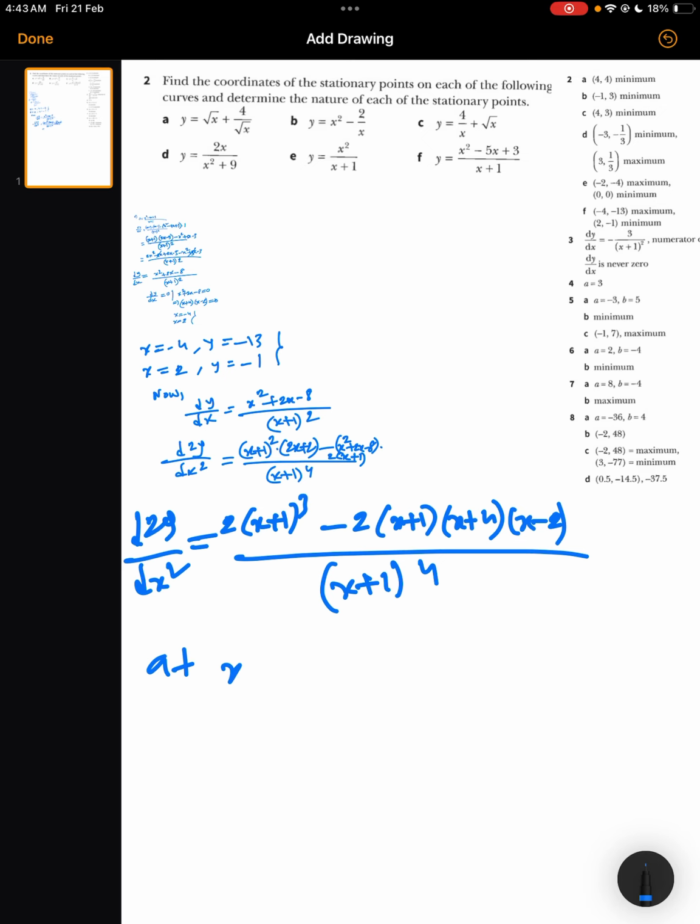At x equal to negative 4, that means the point is (-4, -13), d squared y dx squared: negative 4 means 2 times negative 3 to the power cube. Negative 4, that means this part is whole 0.